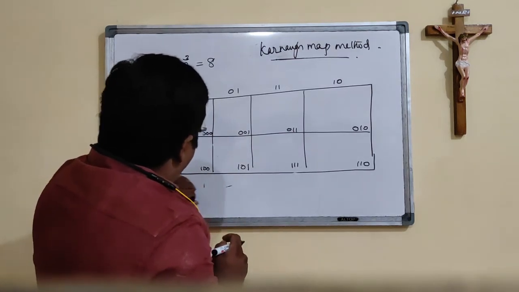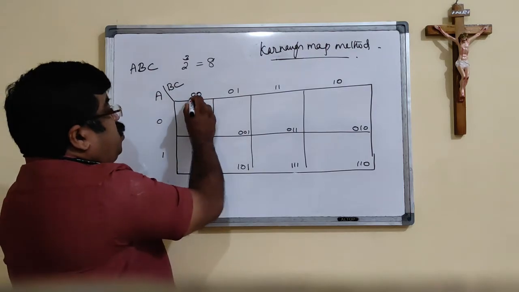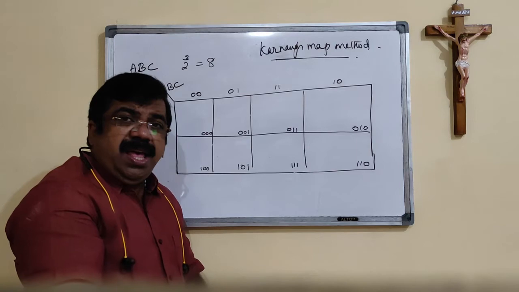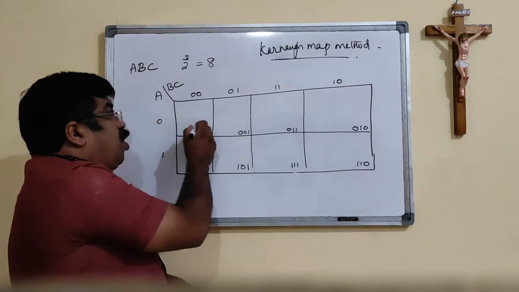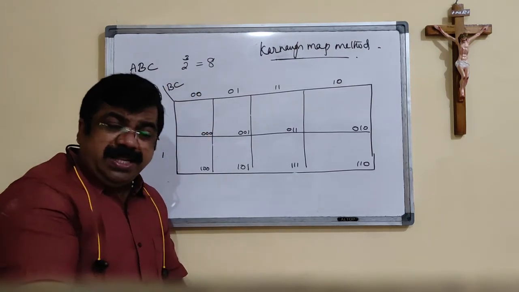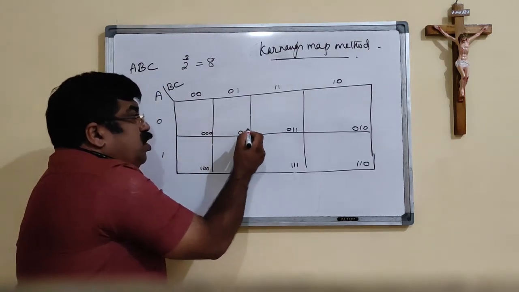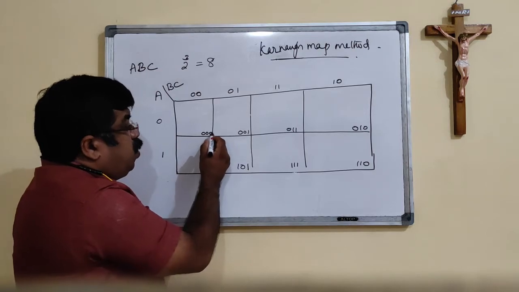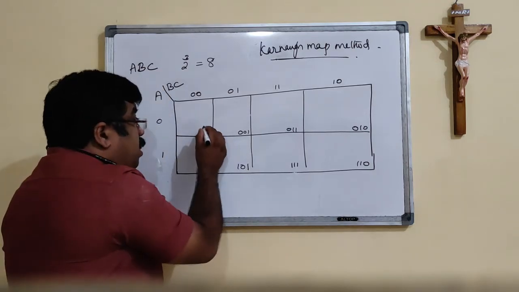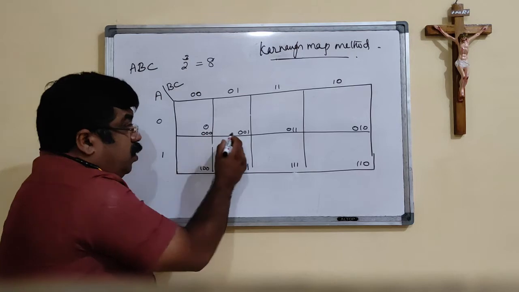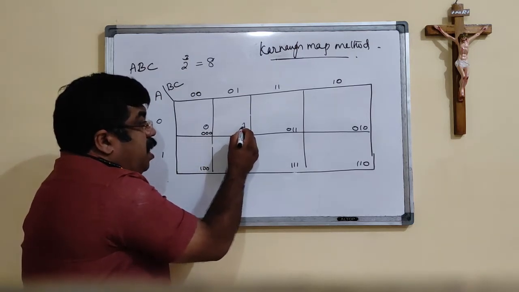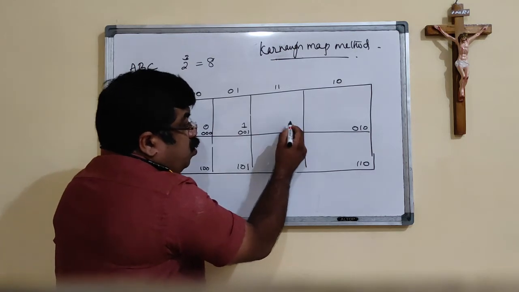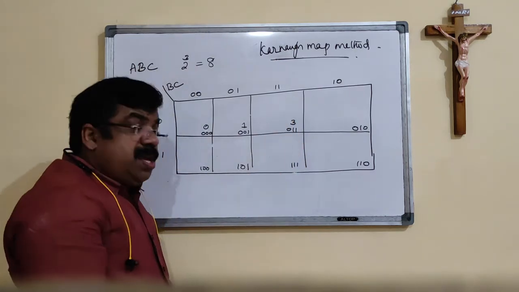Now, since this 00, 01, 11 and 10 are there, and we are having the row coordinate and the column coordinate, we can number these squares. How? This is representing 000, decimal 0. 001 is representing decimal 1. 011 is representing decimal 3.